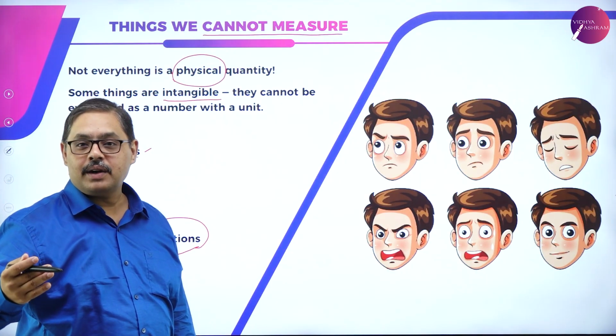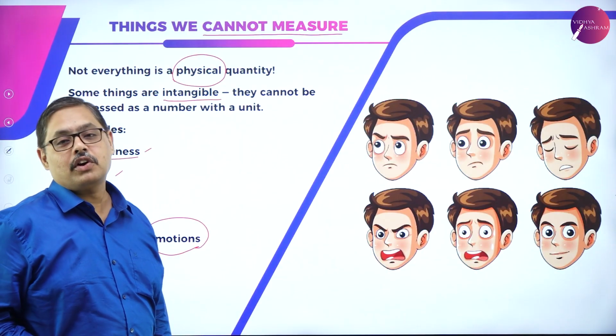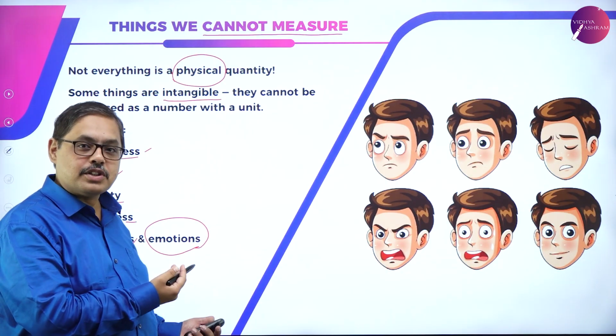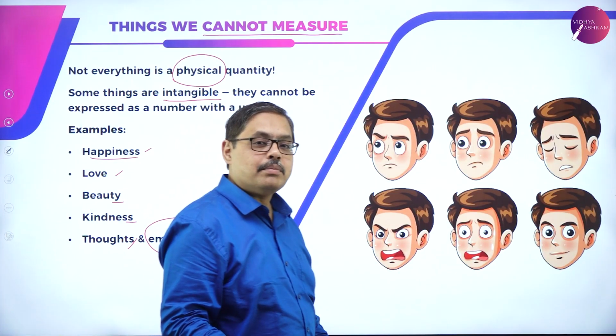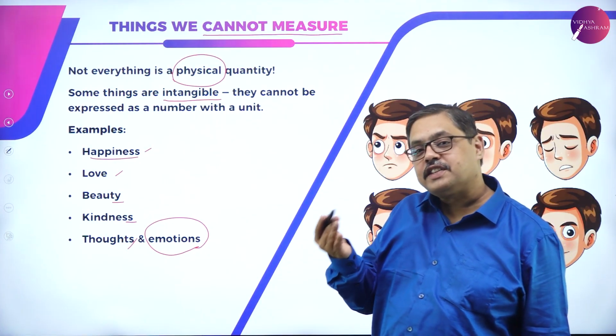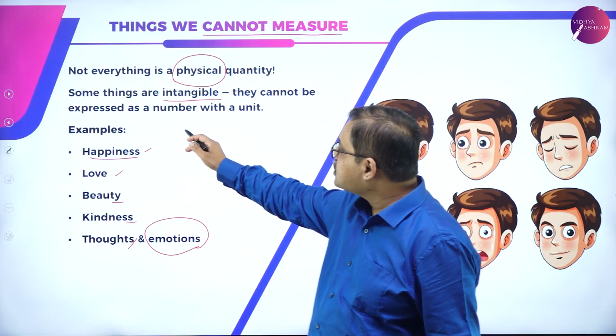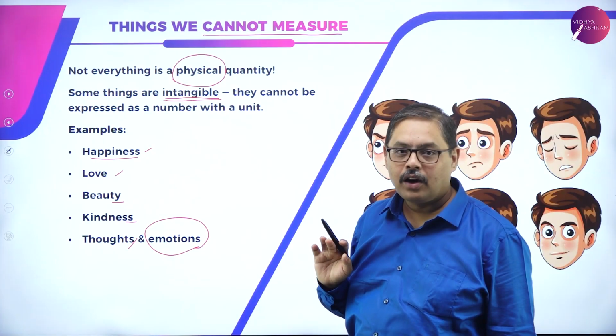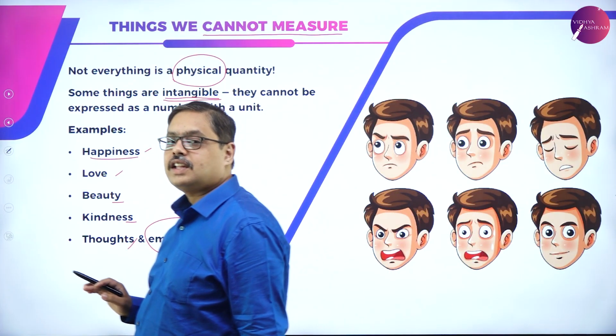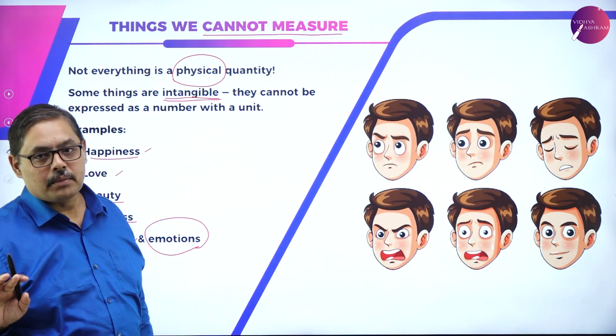While studying measurement, it is very important for us to understand what can be measured and what cannot be measured. All those things which can be measured are called physical quantities, and those things which cannot be measured are called intangible things. Okay? Most of the emotions that a human has cannot be measured.